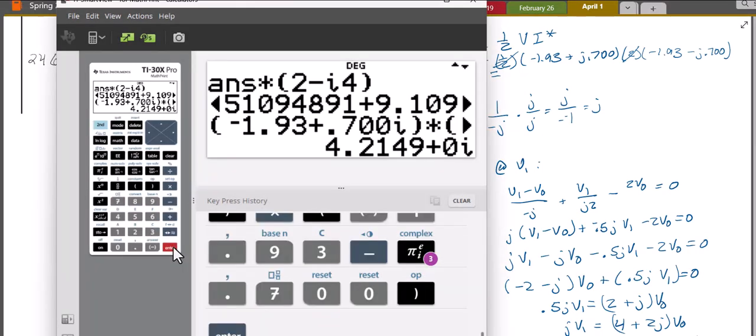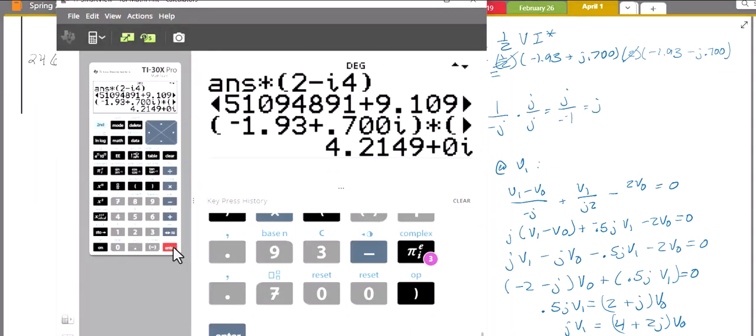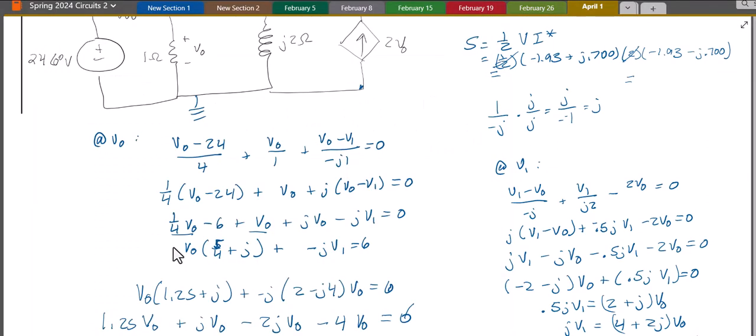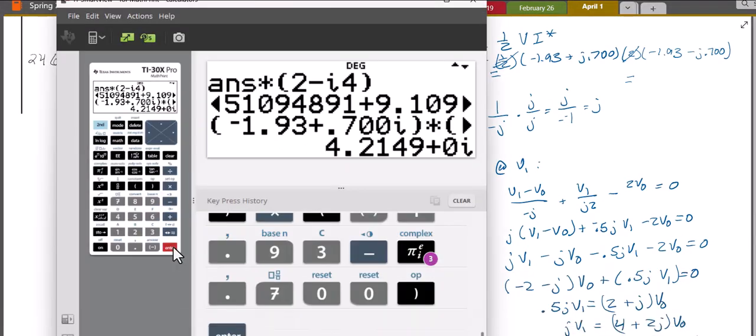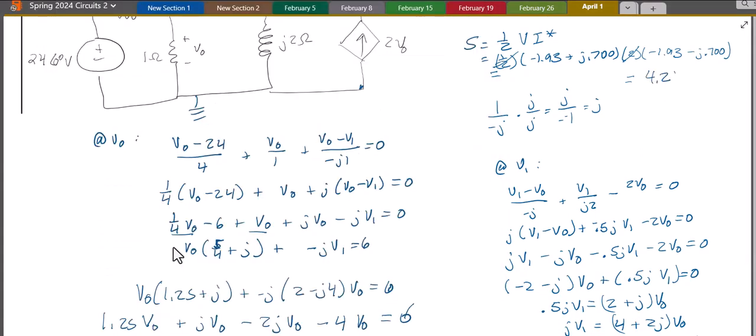And notice that because these things were complex conjugates of each other, I end up with a real answer. So I get 4.21 dA.